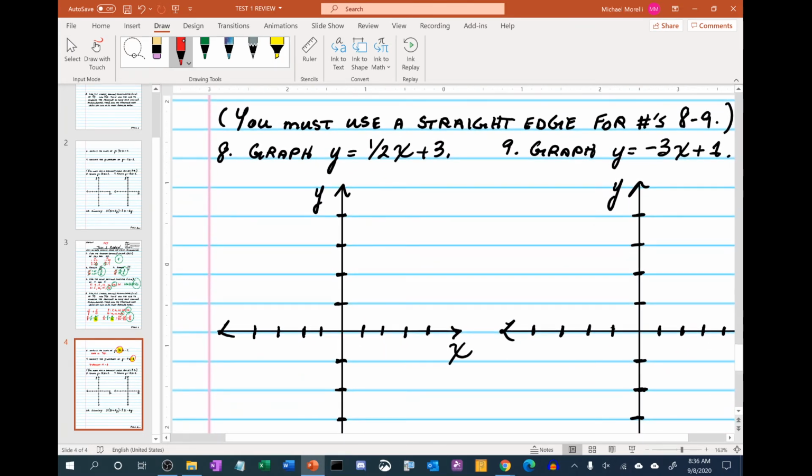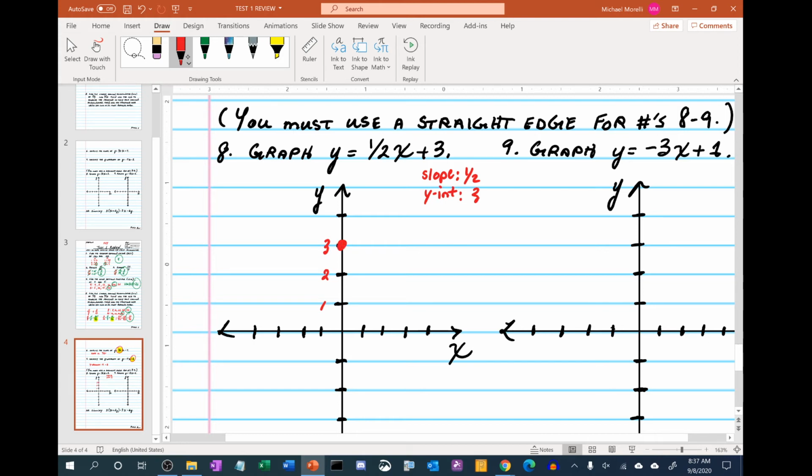Now we're going to graph. The reason I want rulers here is because this does get really important. Let me show you exactly how I would do this. Graph y equals 1/2 x plus 3. First I'm going to make a little note over here that my slope is 1 over 2 and my y-intercept is 3. Now I'm going to go to 3 on the y-axis and put a dot.